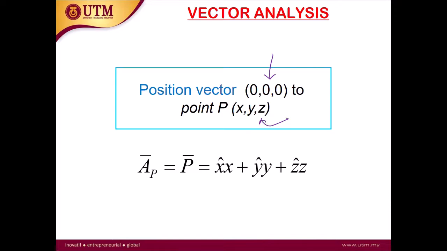To write the position vector, we write it as P bar equal to x in the direction of x plus y in the direction of y plus z in the direction of z.